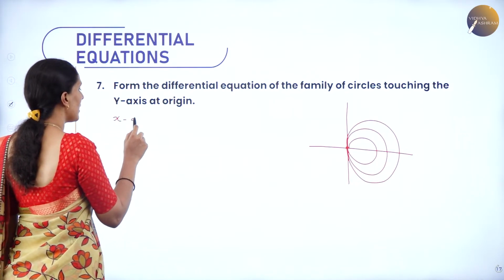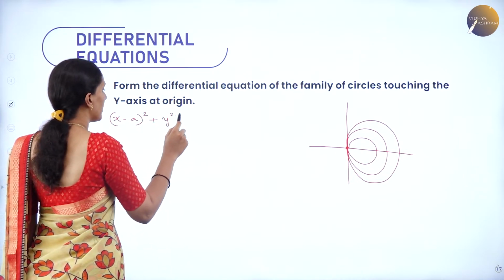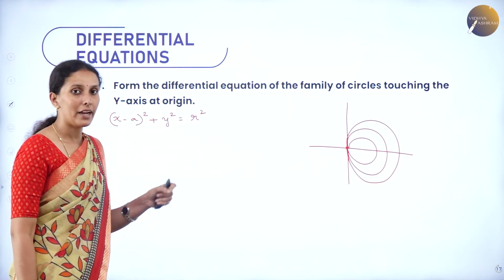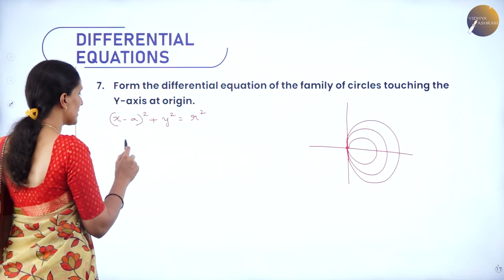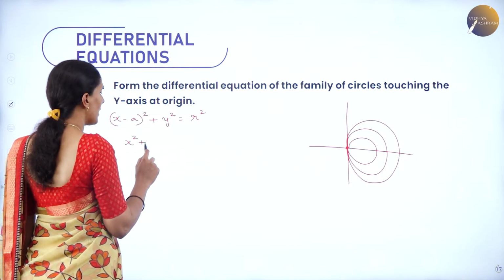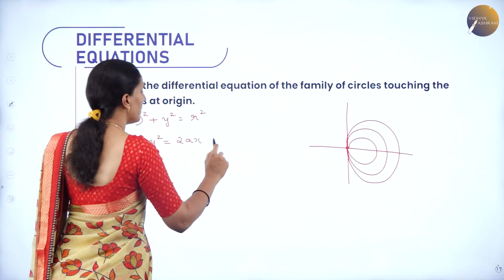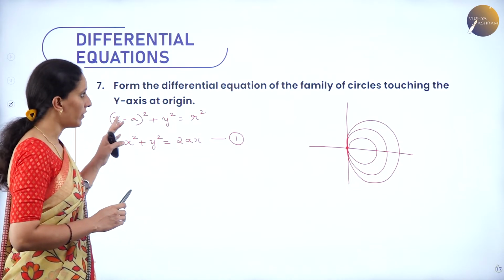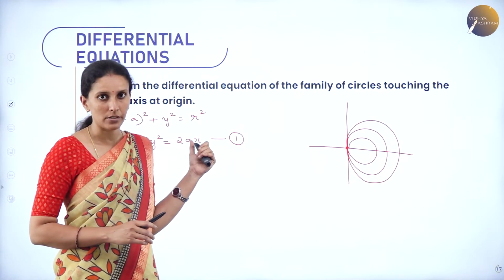It is (x minus a) whole square plus y square is equal to r square, where r is the radius of the circle, or in general we can write this as x square plus y square is equal to 2ax. Let me take this as the standard equation. So this is the standard equation of the family of circles touching the y-axis at origin.